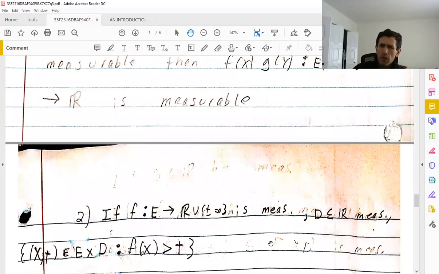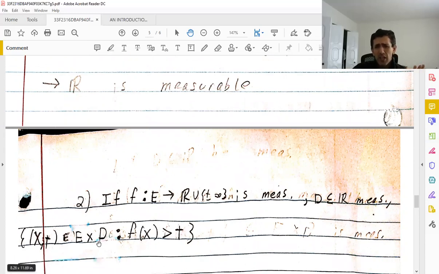More importantly, for the end of this video, if you have an extended real valued function f that's measurable on E and D is a subset of R that's also measurable, then this subset of E times D, the set of all (x, t) where x is in E, t is in D, and f of x is bigger than t, is also measurable.